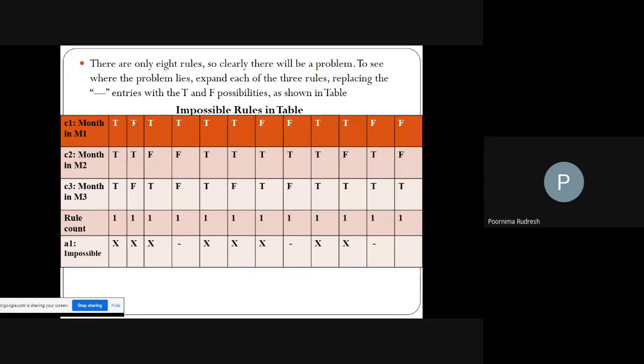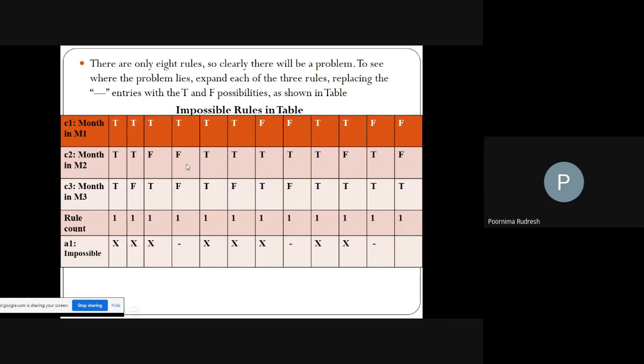But that is impossible. Why? Because if 31 days are there, obviously the month also consists of 30 days. Right? It is impossible. That's why the output for these 3 types of inputs is represented as impossible, or not at all possible.